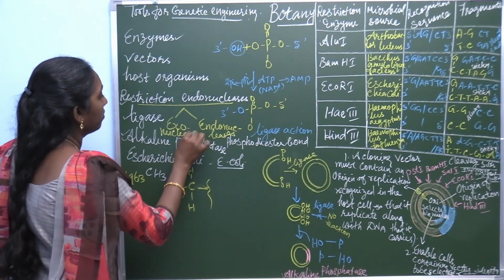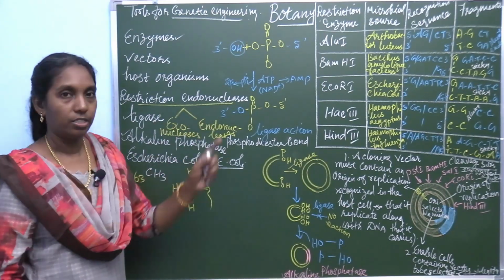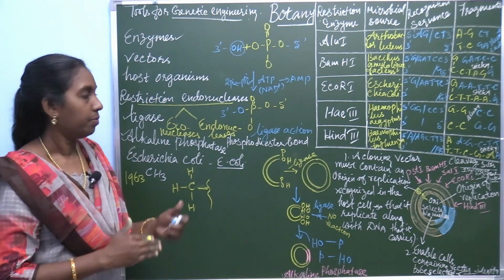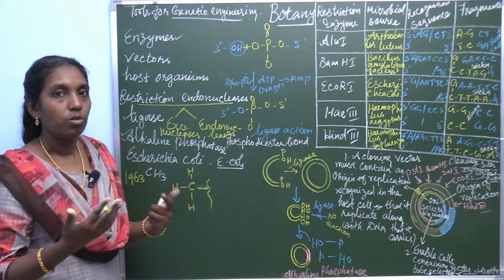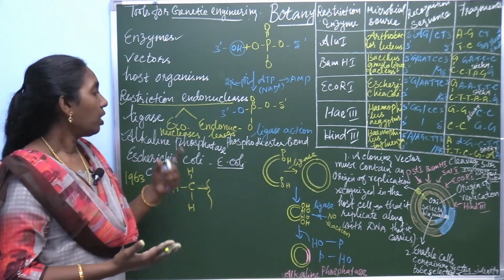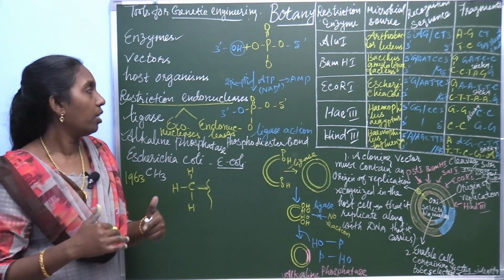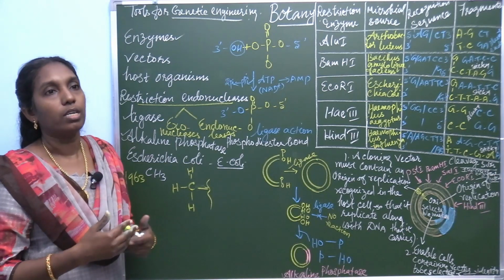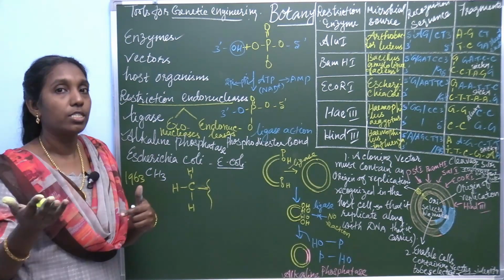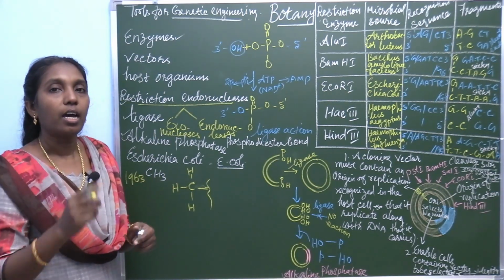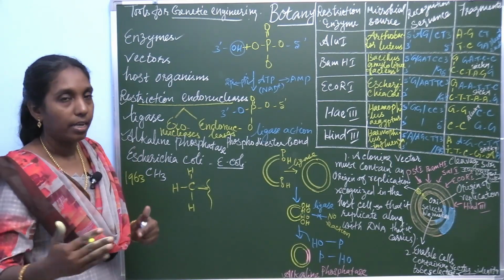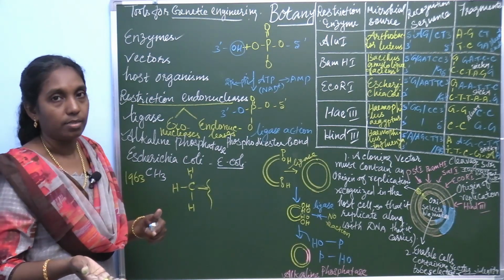As you know the meaning of exo and endo, exonucleases, exo meaning outside, cut the DNA at one end, at the end of the DNA sequence.